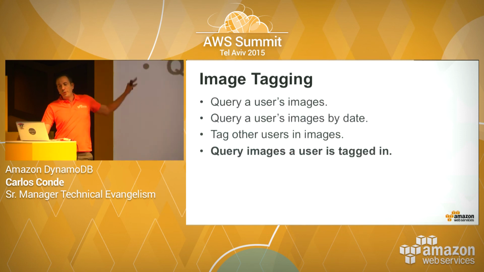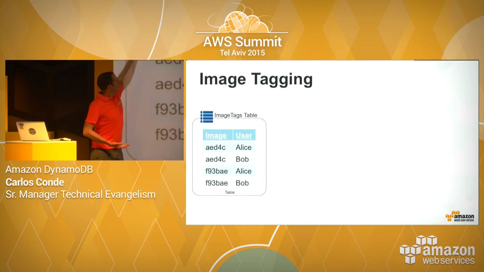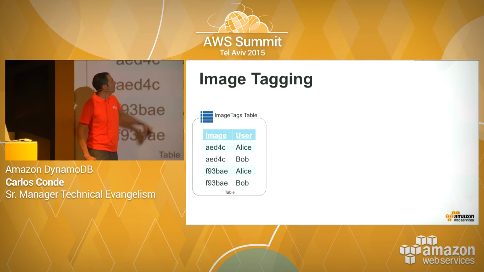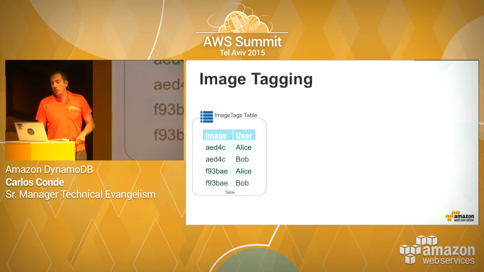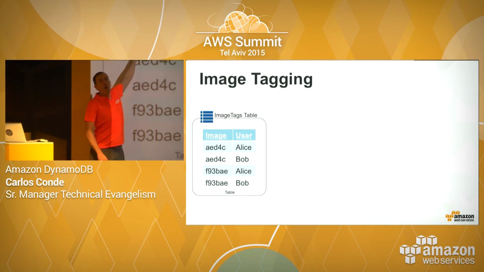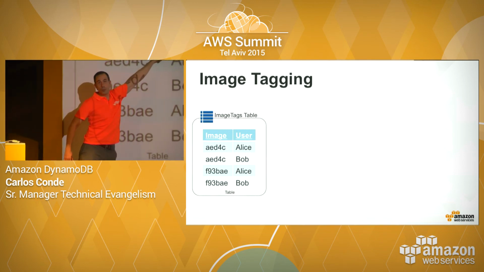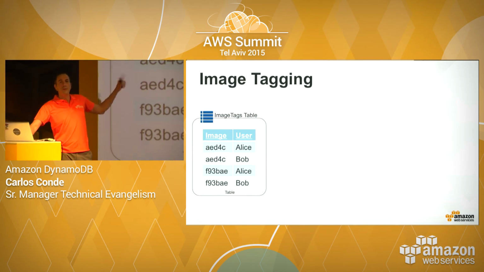Now, if I want to query all the images where a specific user is, again, I can't do it with this table because the hash is here. This is just the range, right? So if I want all the images where Alice appears, I need basically to flip that around. So here I'm going to use a global secondary index because I need to specify another hash, not this. This is not a good hash for me, but this will be a good hash. So this is the difference between the local secondary index and the global secondary index.